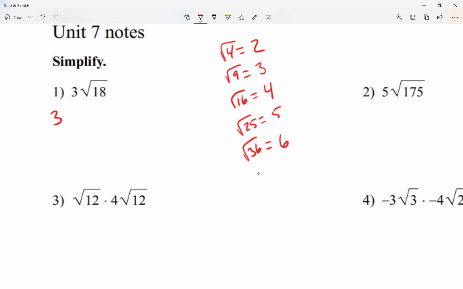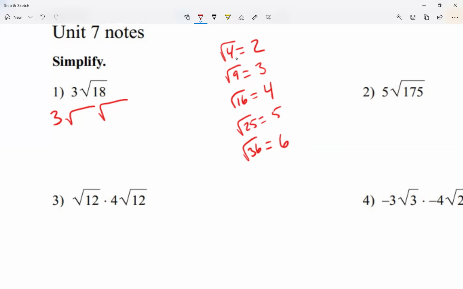What I want you to do when you're simplifying radicals, the square root of 18, is break it down into 2 radicals. I want you to think of 2 numbers that multiplied equal 18. They don't have to be the same number; they could be different numbers. However, one of them has to be from the perfect square list.